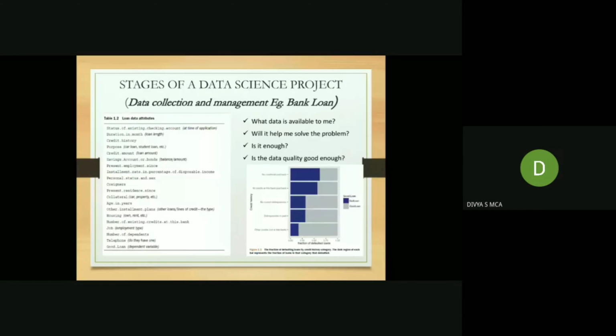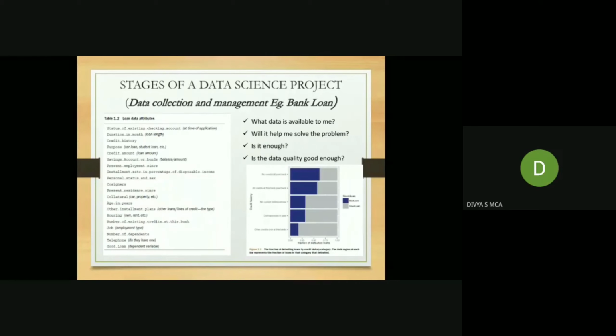So the next topic is data collection and management. It is a time-consuming process and also most important, because when we are doing a project, we have to do so many things. First of all, they have to identify what type of data they need, or what are all the attributes they need.